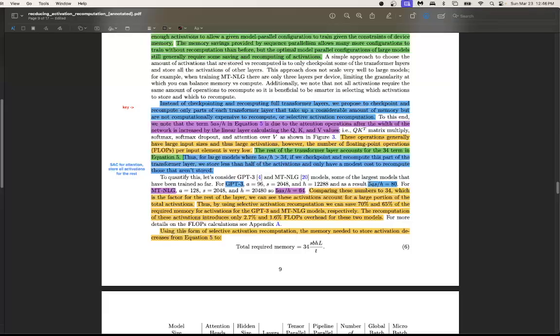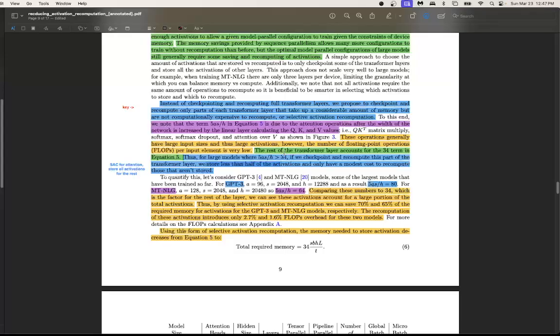But what they're saying is for very large models, where this term 5AS over H, which is the activation memory factor we're using to determine how much activation memory is used in the attention layers, is much greater than 34, which is everything else besides the attention layers, if you checkpoint and recompute the attention layers, you'll end up storing less than half of the activation. So you'll end up saving most of the activation memory that was used.